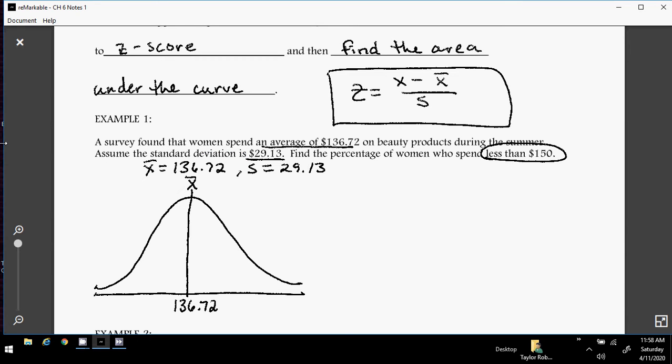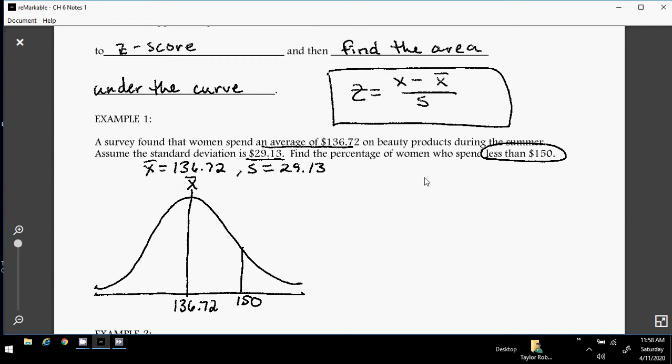What we're looking for is the percent that spend less than 150. 150 is more than 136.72, so it's going to go to the right of 136.72. Somewhere over here to the right is 150. I don't quite know how far away that is, so I'm just going to guesstimate. I just know it's to the right.